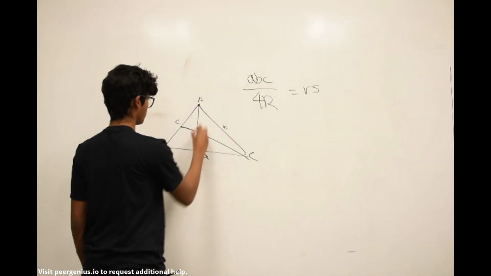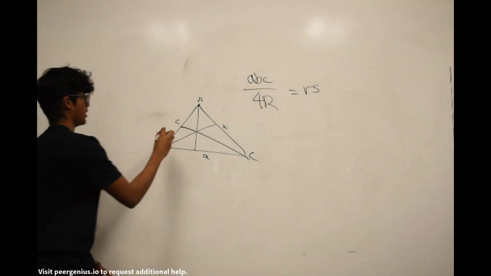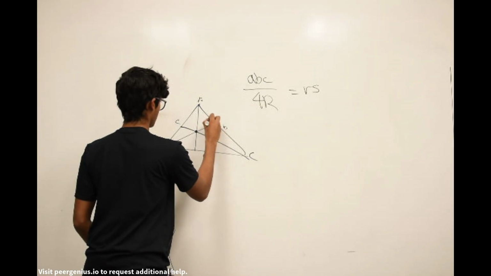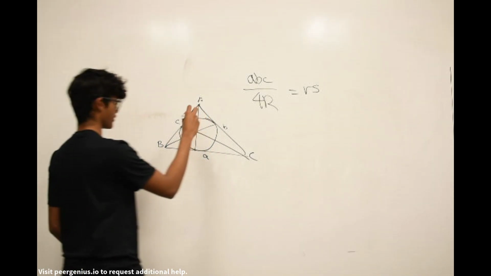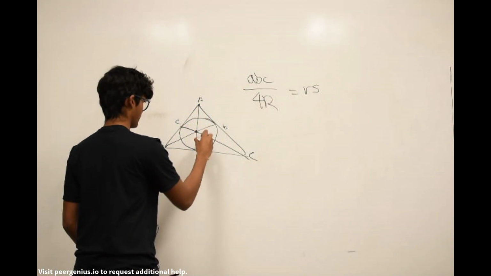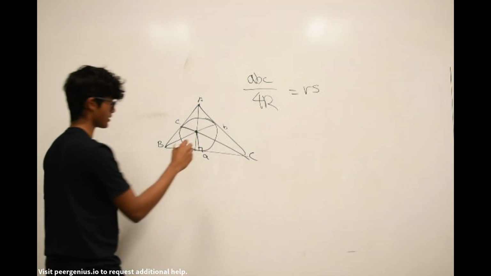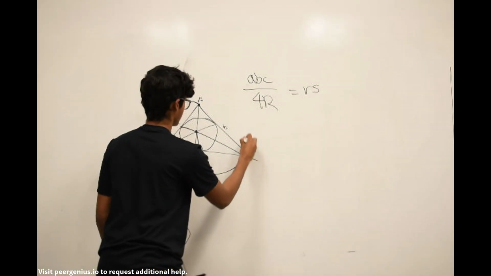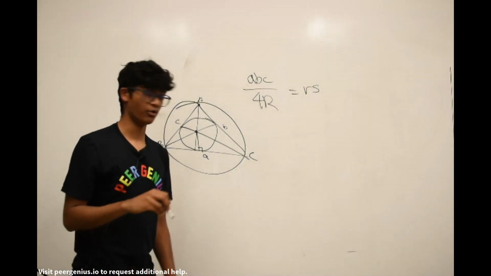The incenter would be defined as the intersection of the angle bisectors. If you draw a circle that is tangent to each of the sides, this would be the inradius. And then the circumradius is the circle around the triangle that intersects all 3 points.